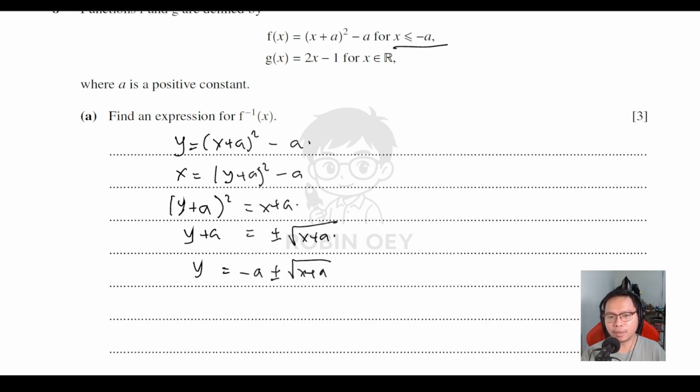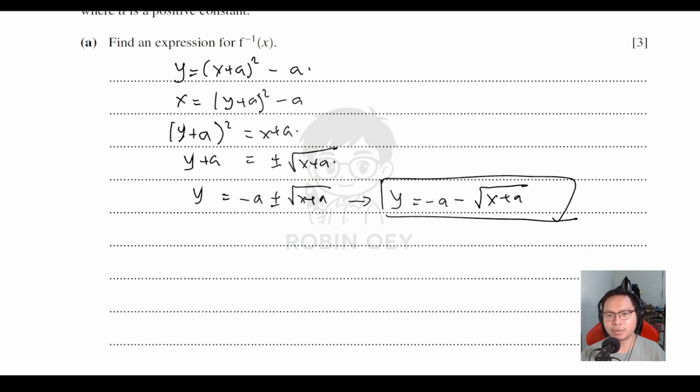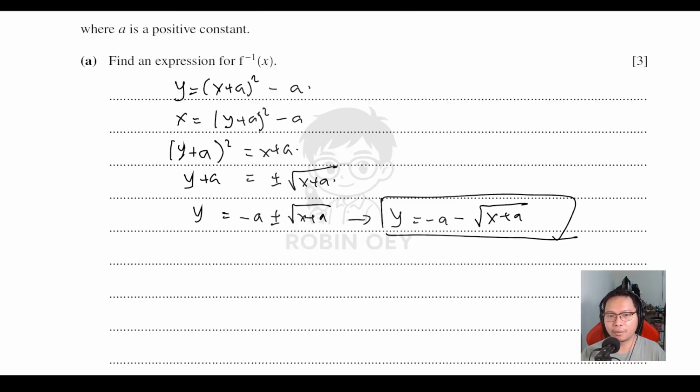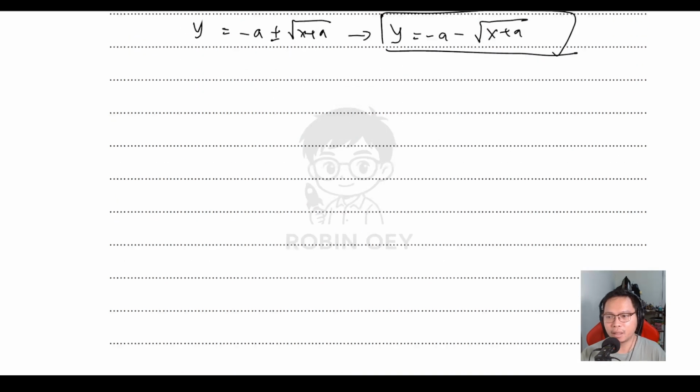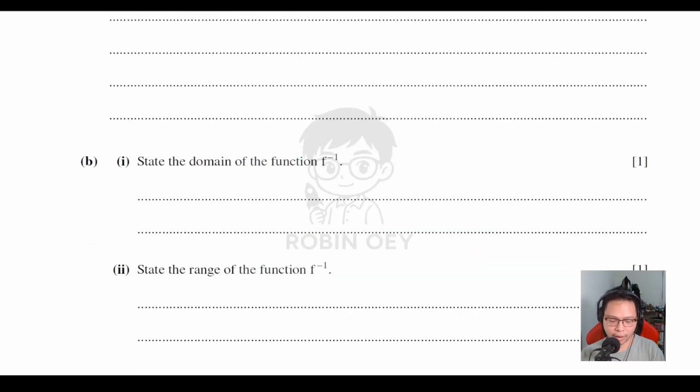The final answer, because the range of the inverse function would be less than or equal to negative a, will be y equals negative a minus the square root of x plus a. Since a is always positive, negative a will give you the negative result.